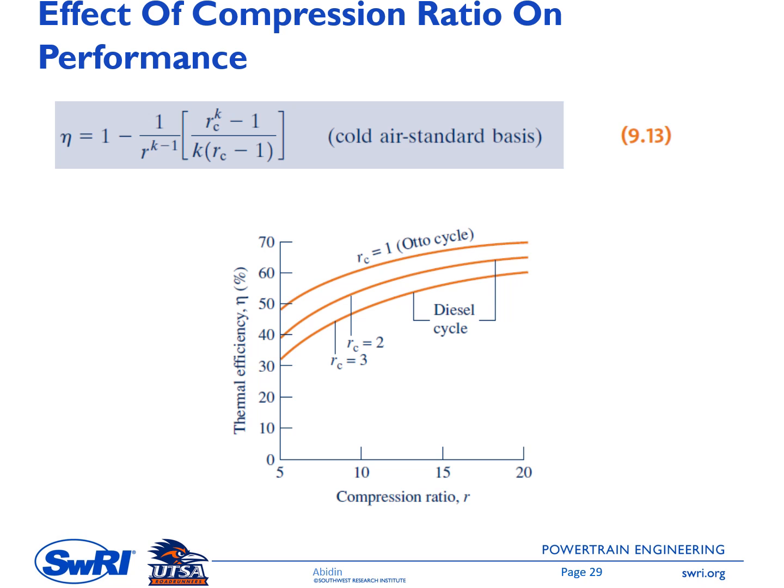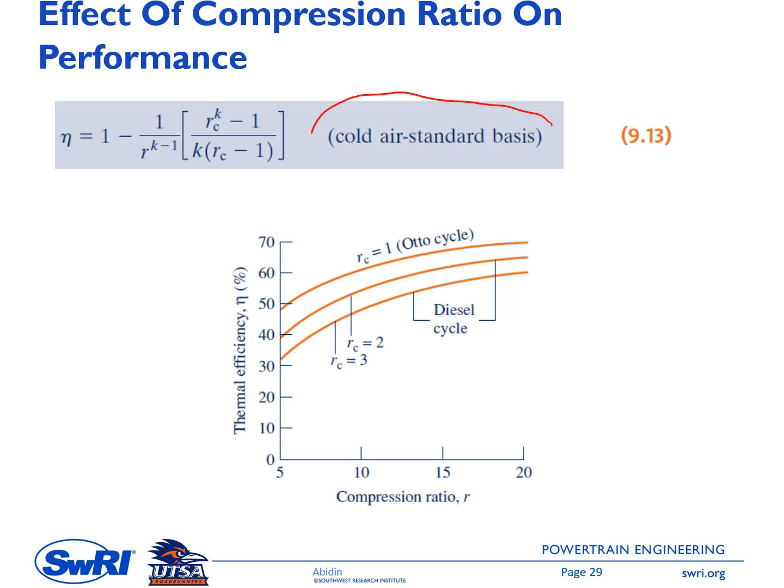How about the effect of compression ratio on performance for this ideal diesel cycle? By doing it in a similar way to determine the compression ratio effect on the efficiency for the ideal Otto cycle, we can also do the same thing.